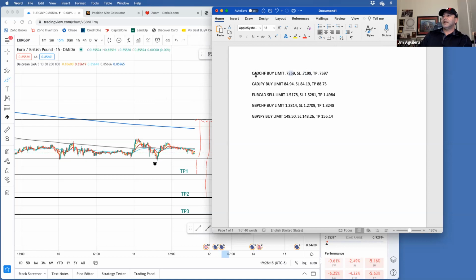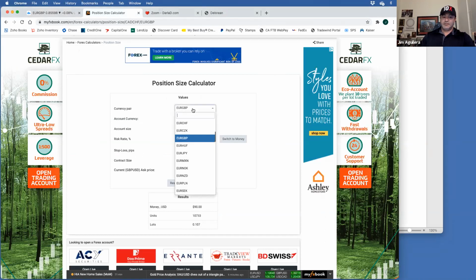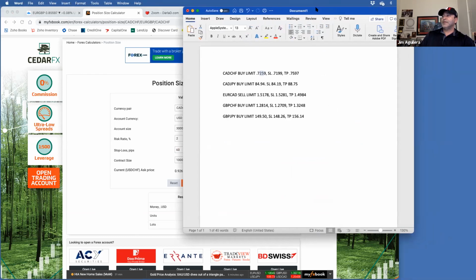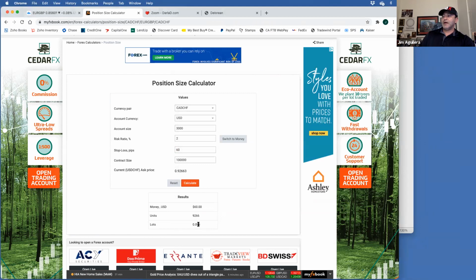And so CAD, CHF, on a $3,000 account, if I want to risk 2%, and it's going to be 60 pips of potential loss if I hit the stop loss, I can risk 0.09. These particular trades in this example don't have multiple take profits, so I can use that whole amount in that one position that I'm going to put.